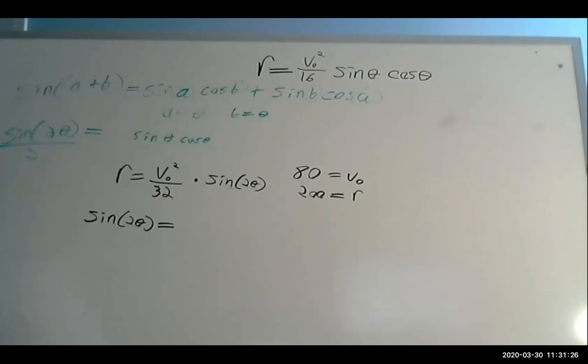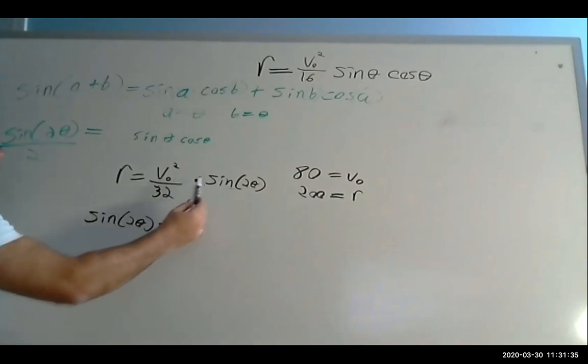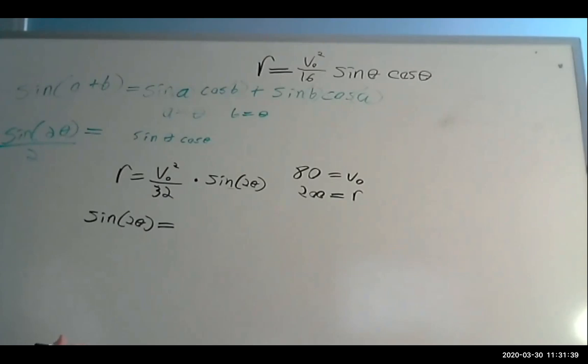We're not going to subtract the fraction, because it's being multiplied. So we need to get sine of 2 theta by itself. So how do we do that?